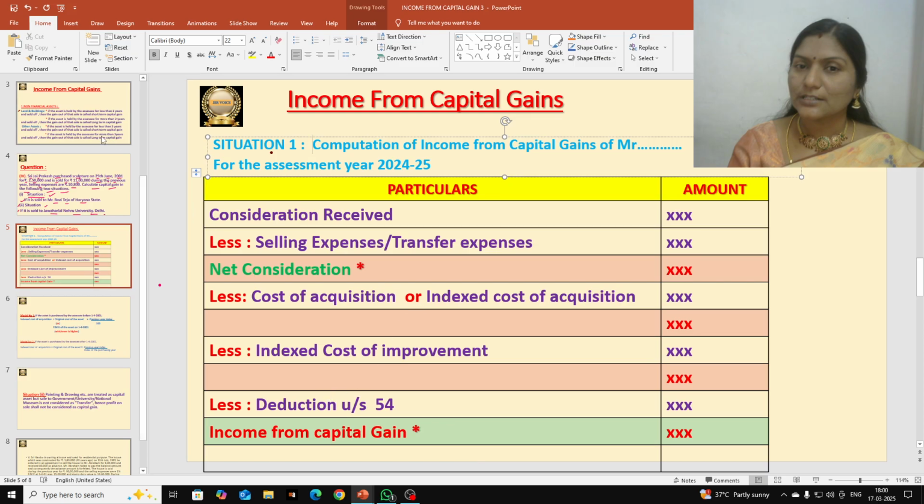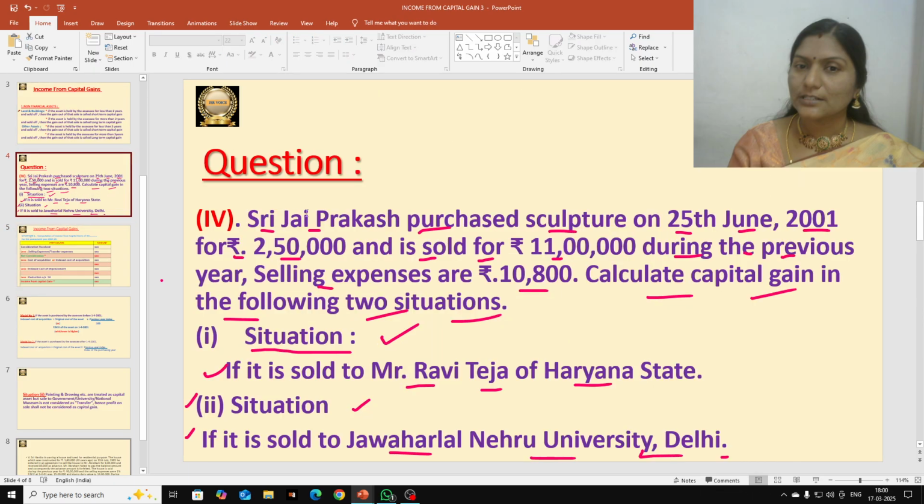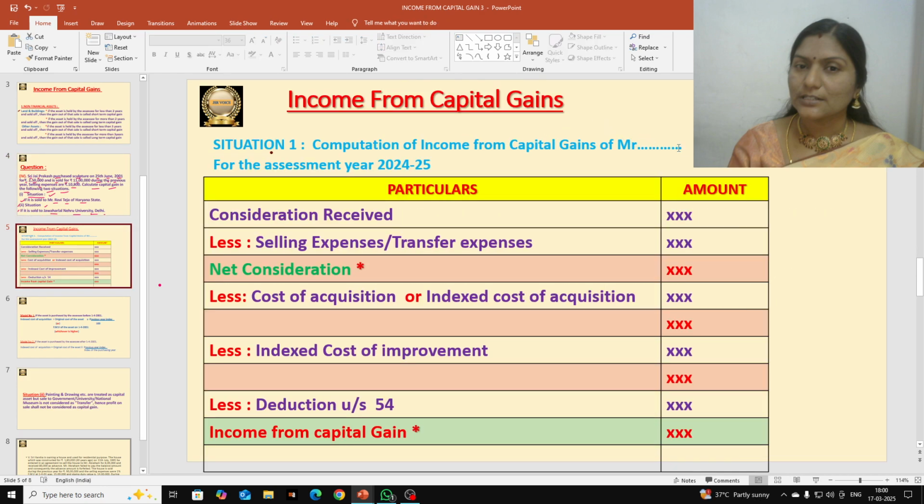So what is the name of the assessee here? The name of the assessee is Sri Jayaprakash. Let us write here, after Mr. we will write Sri Jayaprakash.